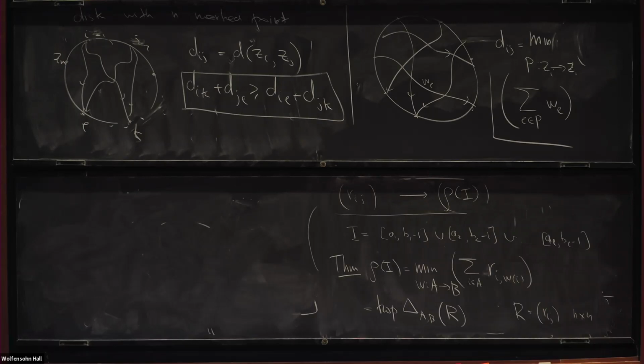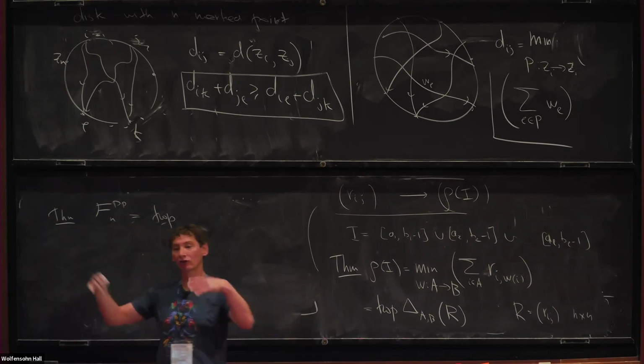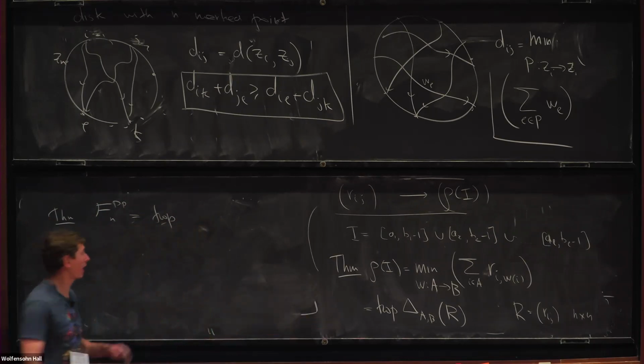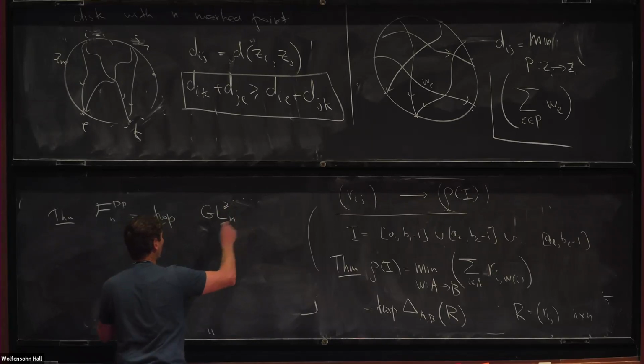Let me use one extra minute to write down that this fan, let me say the polypositroid fan, PP_n, is basically the same thing as tropical. So here we have an n by n matrix, all minors of an n by n matrix. That's actually tropical GL_n, the tropicalization of the positive part of GL_n.